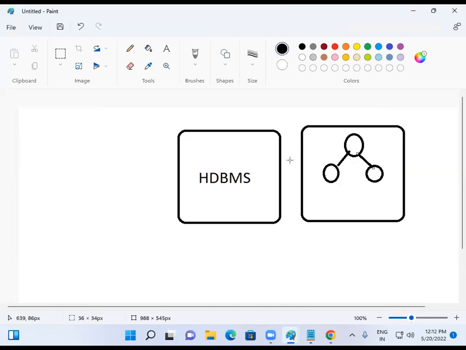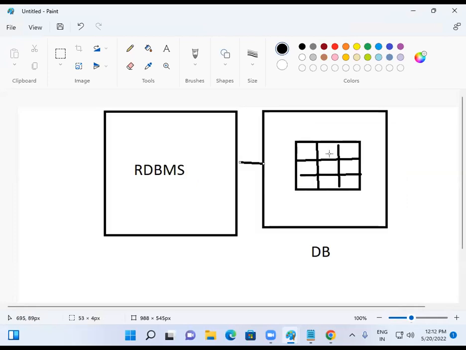But these structures are complex. When the RDBMS table structure was introduced, operations became simple. Operations means CRUD operations: creating the data, reading the data, updating the data, deleting the data.